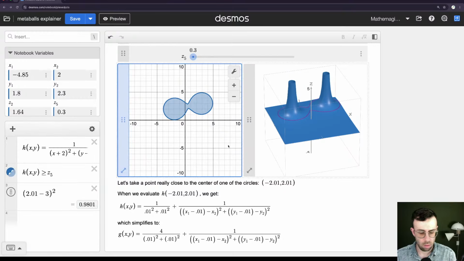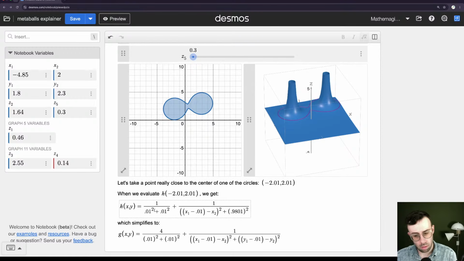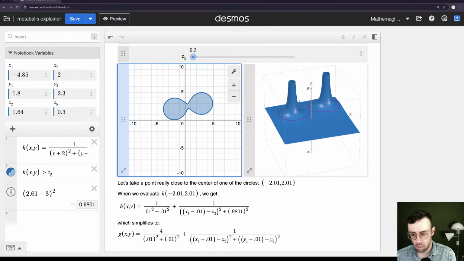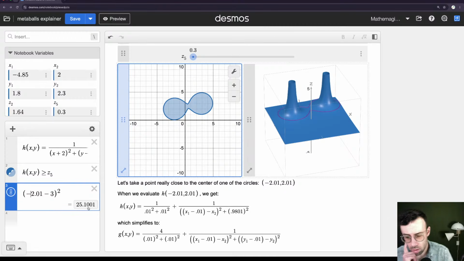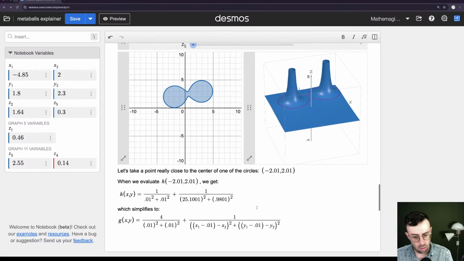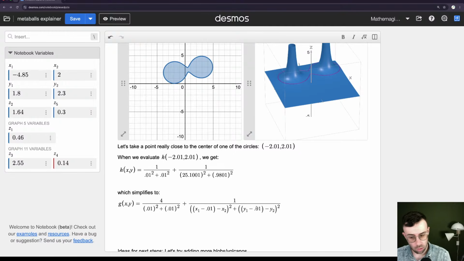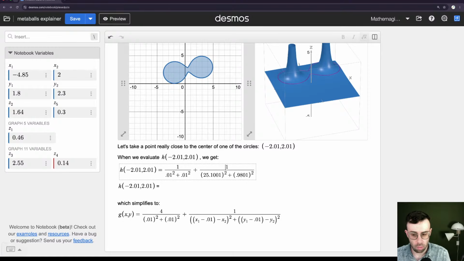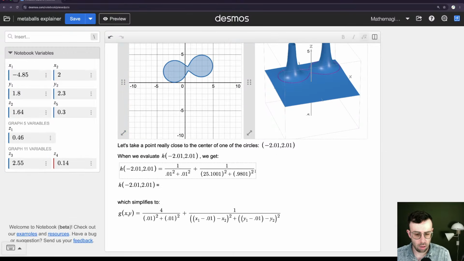0.98. 25.1. Which equals, oh, I can probably evaluate if I make this an expression.